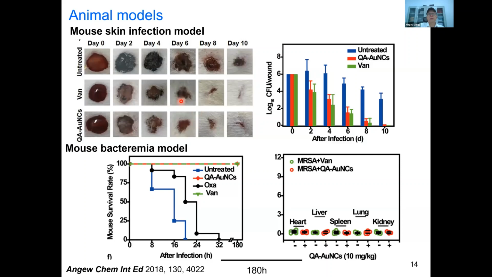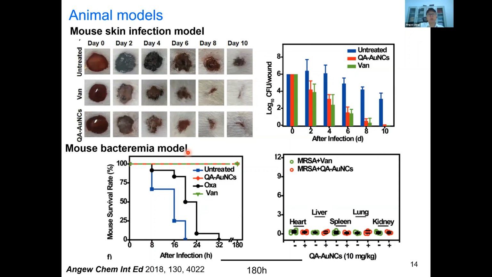And you can see that the healing is quite significant compared to the untreated. We also looked at the mouse bacteremia model, where we actually injected the bacteria into the bloodstream of the mouse.